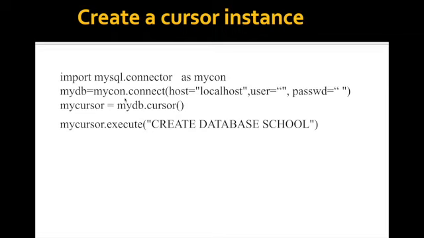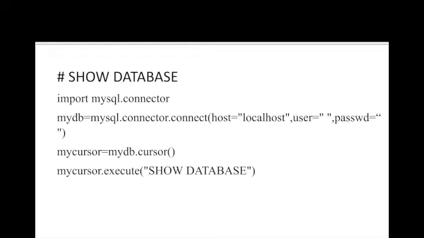Here MyDB is the name of the connection object. Then execute the query. Here another query is given: create database score. This way we are creating the cursor instance and executing the query. After executing the query, the result set is stored again in the cursor object. Here is another example: show databases.